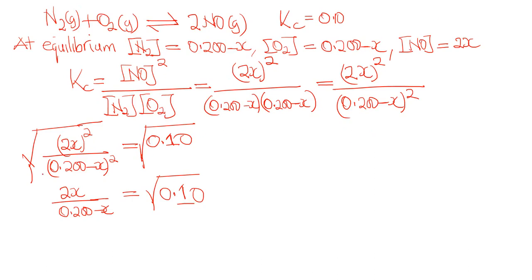Now, if you want to get rid of this denominator, you multiply this side by 0.200 minus x, and you do the same, you multiply this side by 0.200 minus x. Just put it in parentheses.